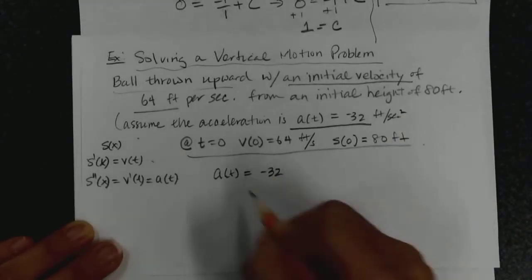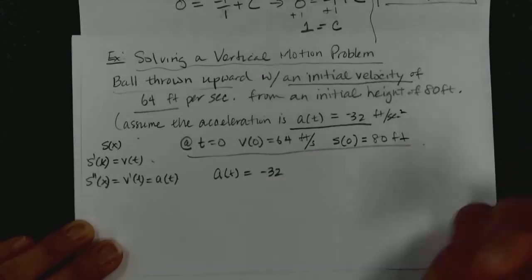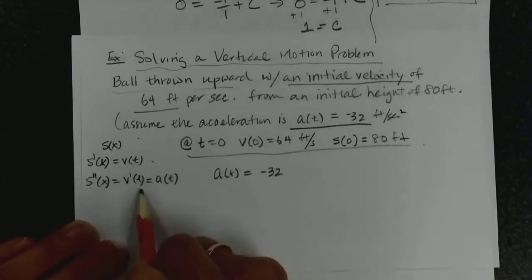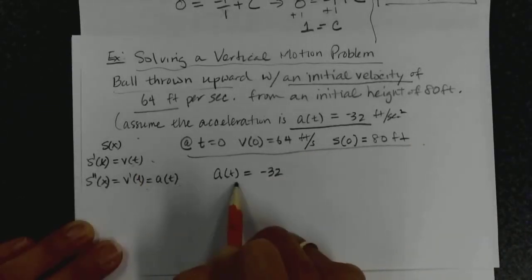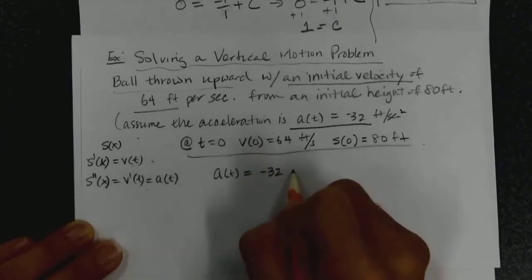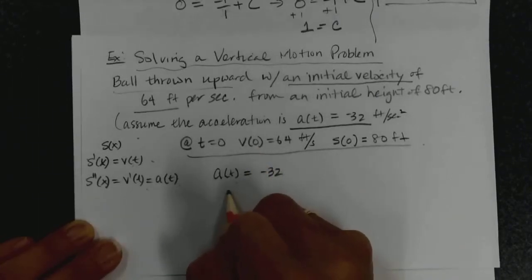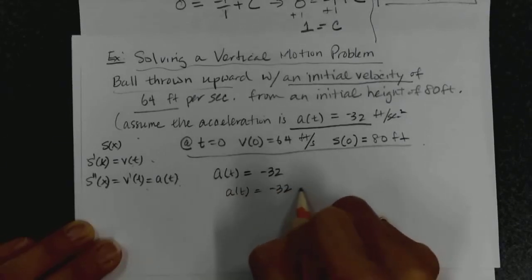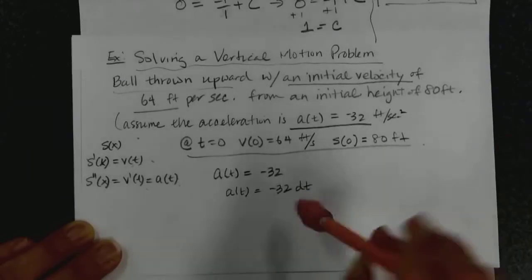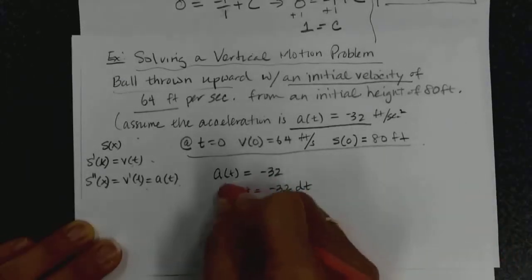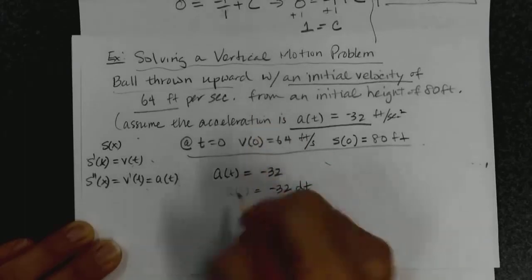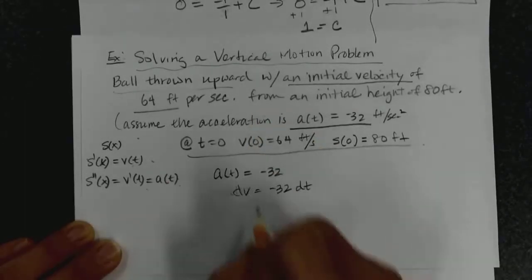Given this, I'm going to find the velocity. Well, velocity is the antiderivative of acceleration. So what we're going to do is rewrite this as a of t equals negative 32, or we can say dv dt, the velocity.